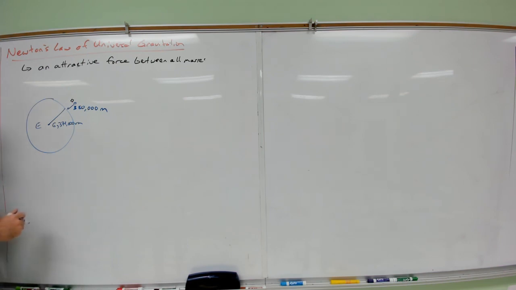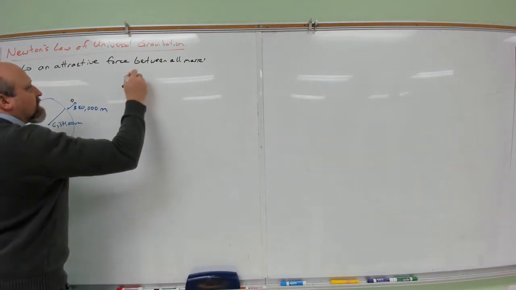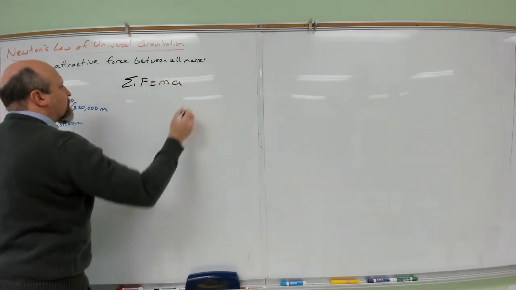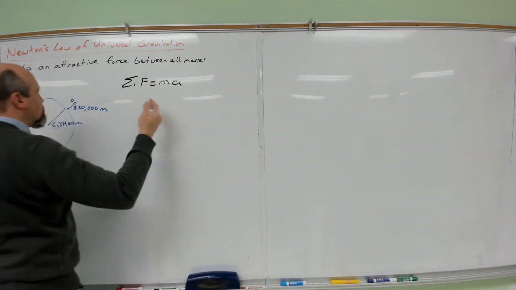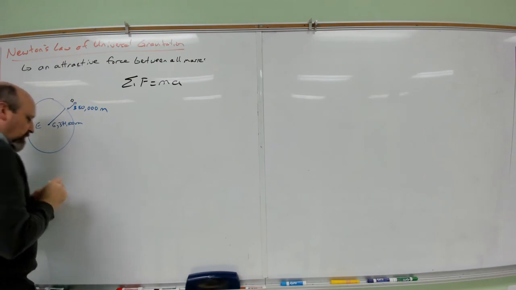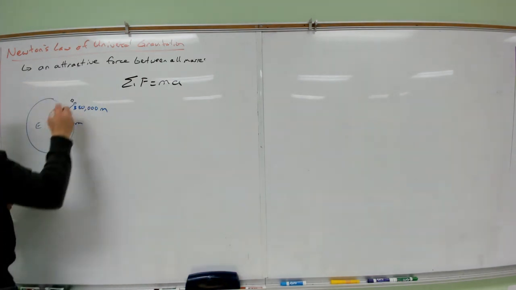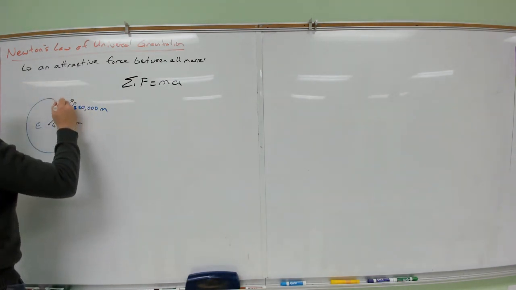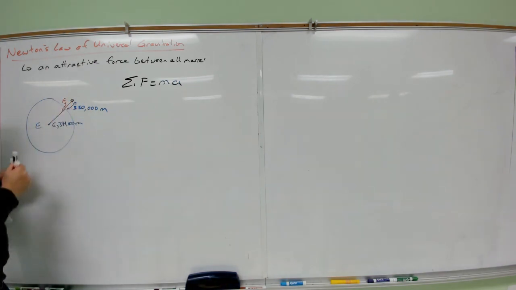The key thing we realize here is that we're trying to find the acceleration due to gravity, the little g value. So we set up sigma F is ma. For an object up here, the only force acting on it is the gravitational force from the Earth.